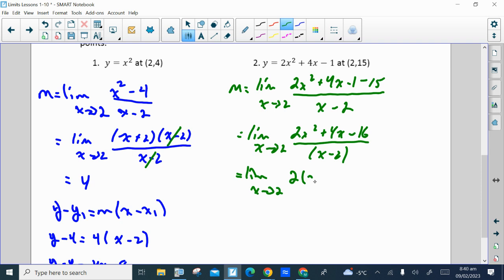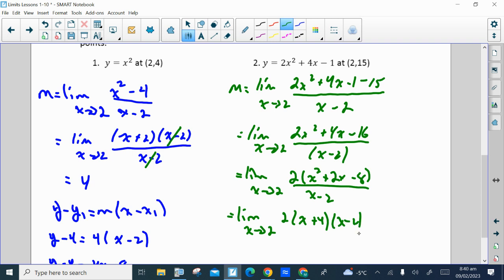And again, that something would be factoring. First, you can take out a common factor of 2, and then the quadratic that you're left with can be factored. It would be x plus 4, x minus 2, and now the x minus 2's would cancel.